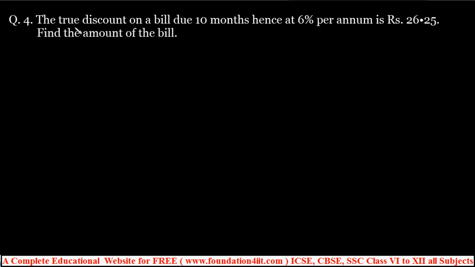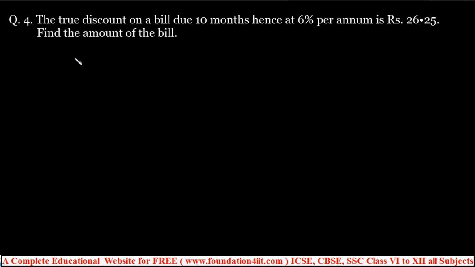In this problem, the true discount on a bill due 10 months hence at 6% per annum is 26.25. True discount is given. Find the amount of the bill. So for this, simple interest on 100 rupees for 10 months at 6% per annum. Let us find out the simple interest first. So for every 100, true discount is mentioned.